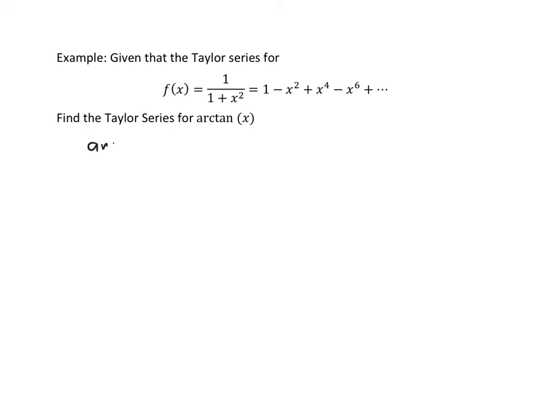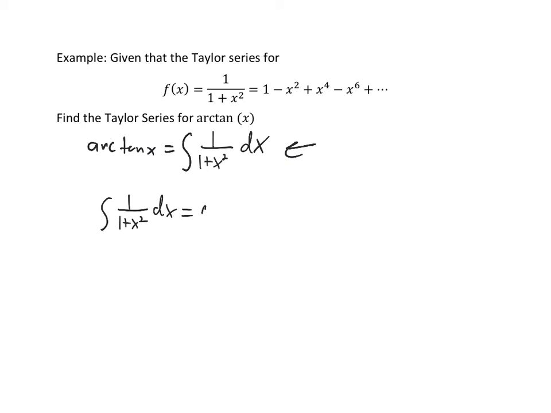Or in other words, arctan of x would equal the integral of 1 over 1 plus x squared dx. Because the derivative of arctan of x is 1 over 1 plus x squared, you could do it the opposite way and do the integration. So if we integrate 1 over 1 plus x squared dx, that would give us arctan of x. So really, we just need to integrate this series, each individual term.